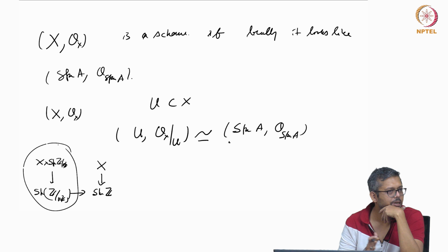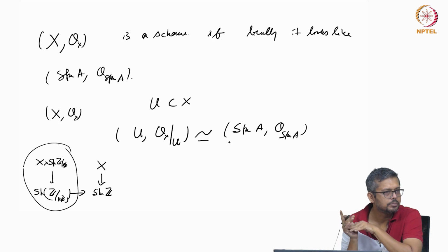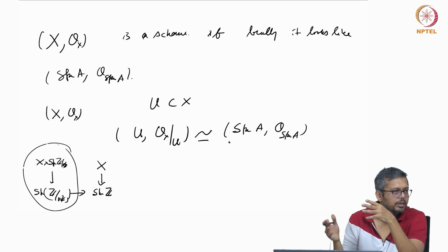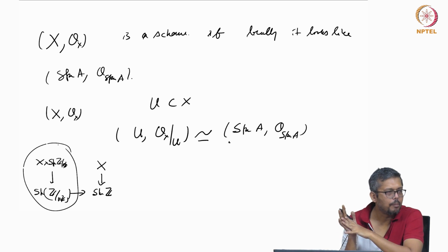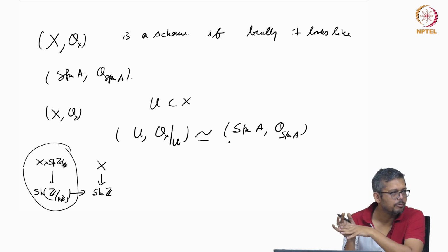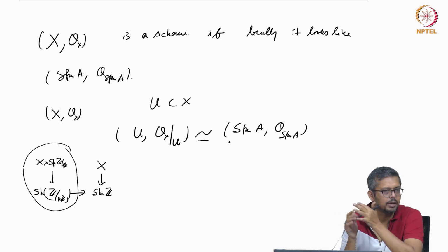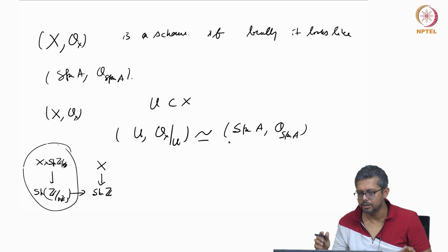That's why scheme theory is very, very useful when you do arithmetic geometry and number theory related problems. When you do complex geometry, you can still think in terms of varieties, but there is no other way of thinking about algebraic geometry without scheme theory if you do number theory. That's the point. Okay, I'll stop here.